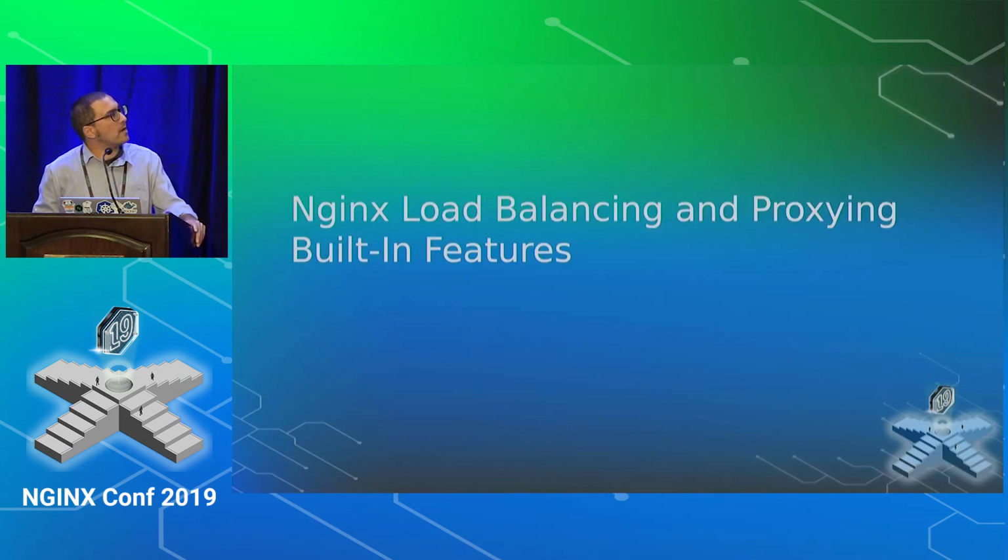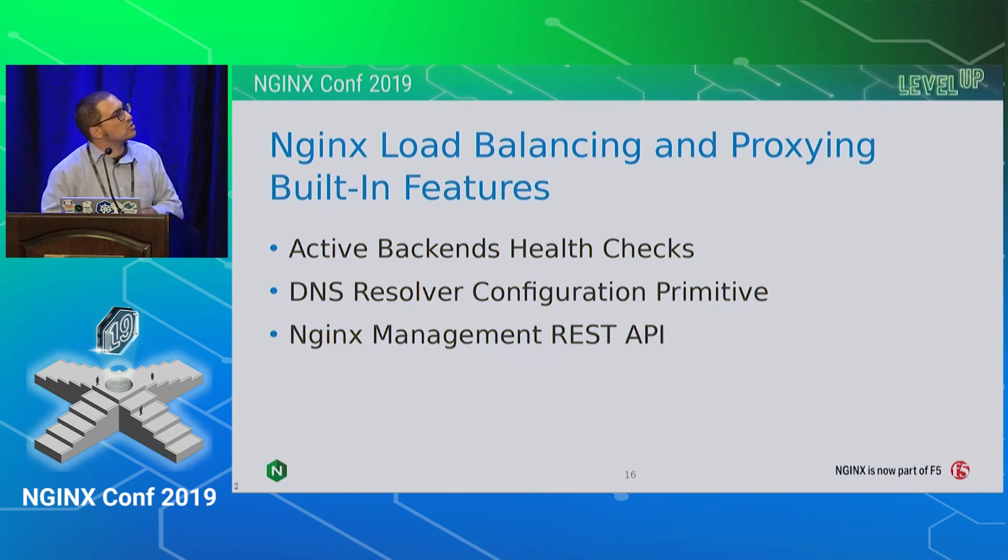And of course, we have many features inside NGINX. So we're going to take a look at probably the main features that we have. We have active health checks, which is very cool. You are able to check at intervals the health of your different backends. So it's something that you have to use for dynamic configurations.